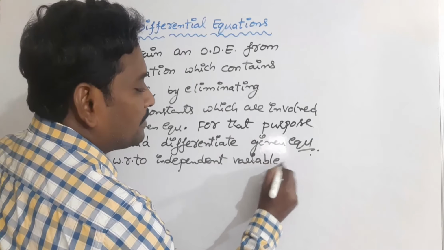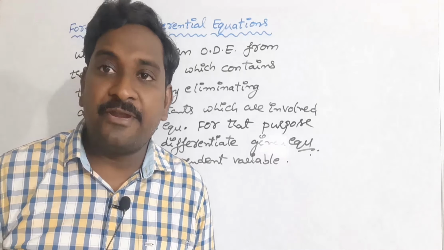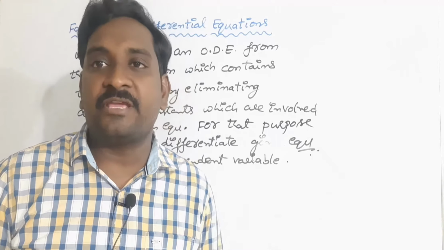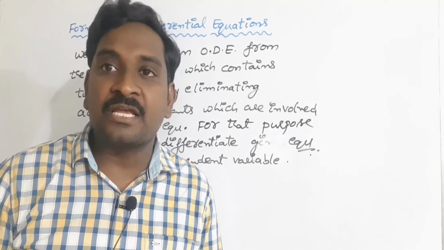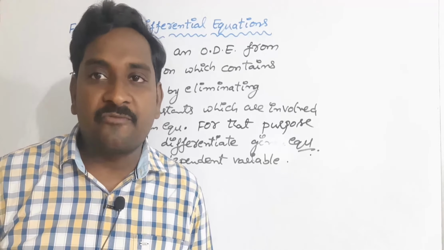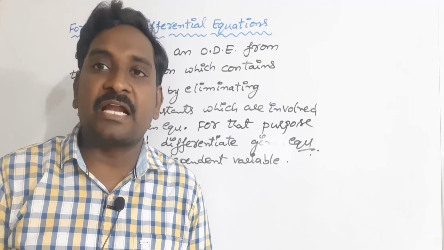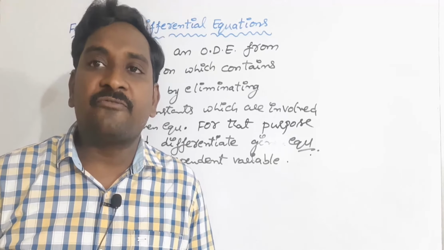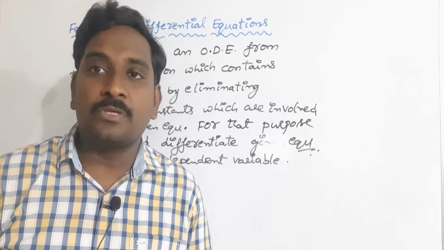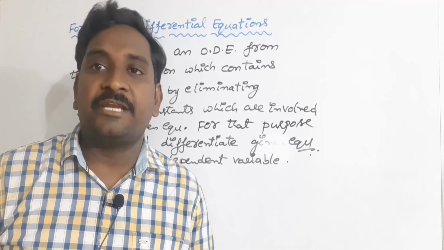And one more important thing is, the number of derivatives to be taken is equal to the number of parameters involved in the given equation. Suppose two parameters are involved, then we should differentiate 2 times with respect to the independent variable. Suppose the given equation contains only one parameter, we should differentiate only one time. Suppose it contains 3 arbitrary constants, you should differentiate it 3 times.